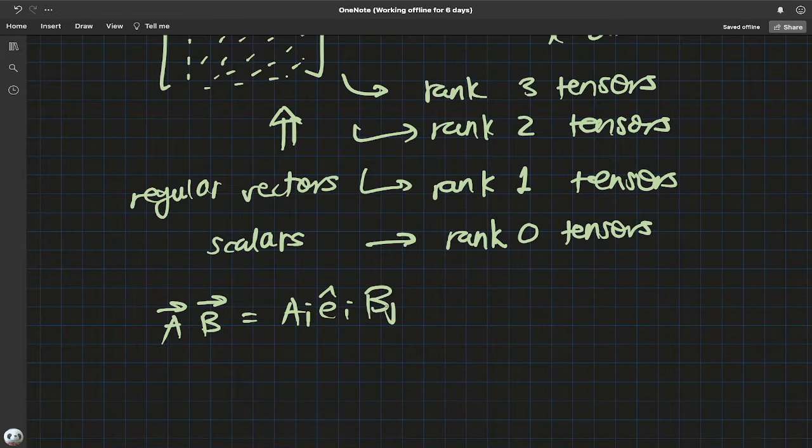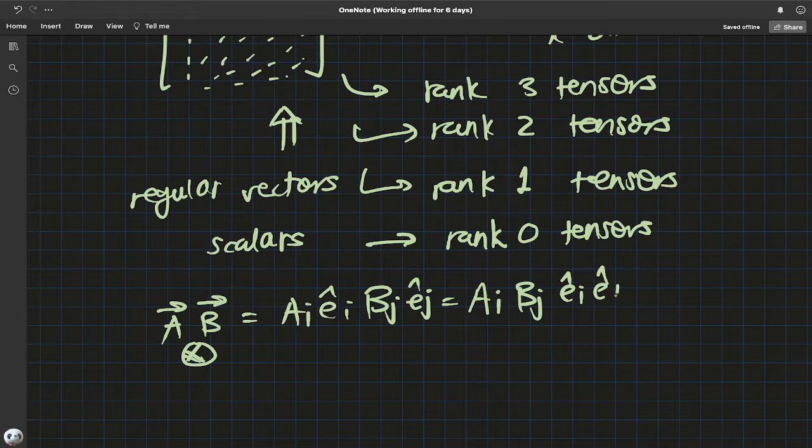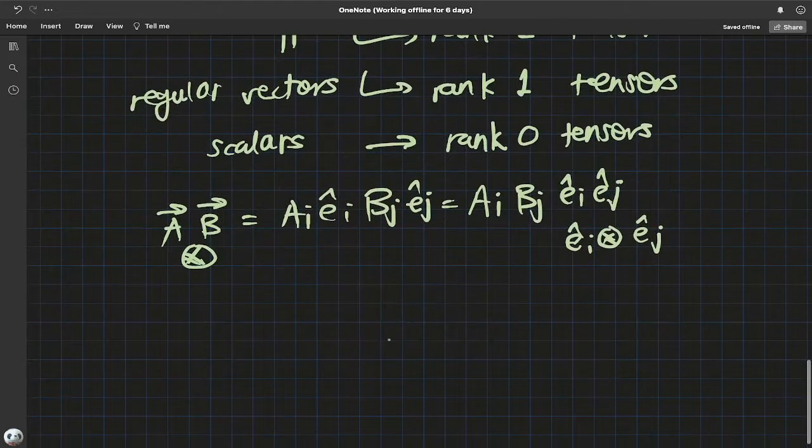It would be mathematically more proper to write a tensor product like a cross with a circle on it, but I'm not doing it because it's a little time consuming. And if you expand it using subscript summation, this is what you get. And again, when I don't write anything, this implies that the e sub i hat basis vector is tensored with the e sub j hat basis vector. So there you see this entire idea.